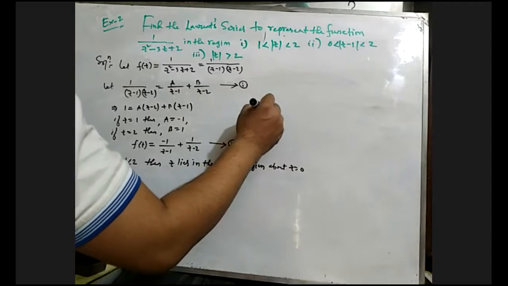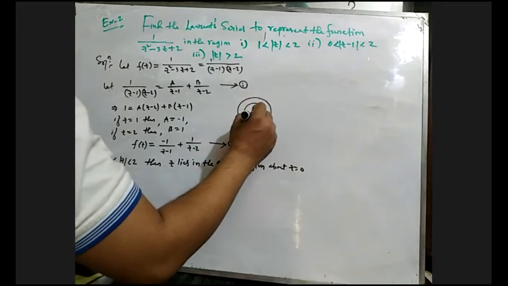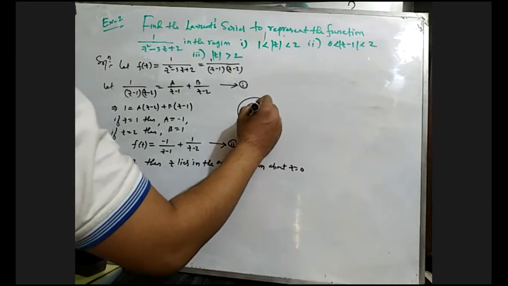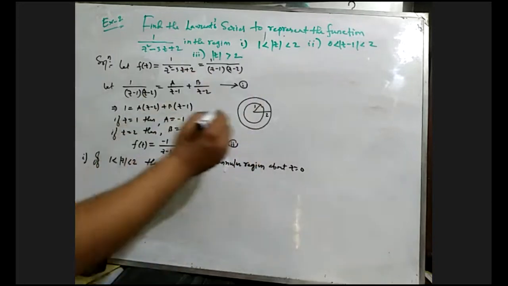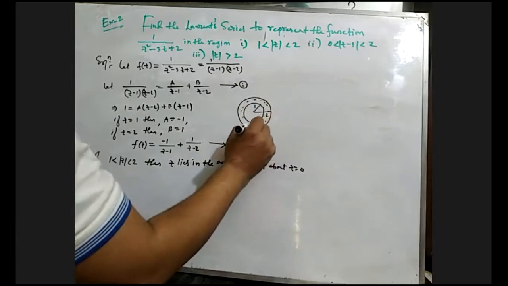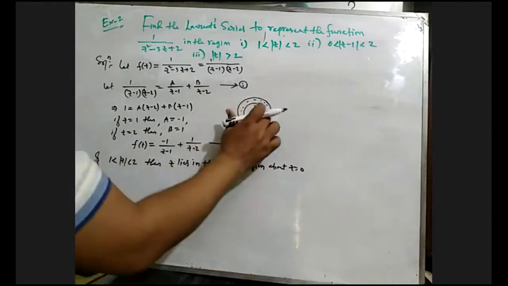Suppose this is the center 0, and another circle has radius 2 and this one has radius 1. That means the annular region will be this one. Every value of z will lie between 1 and 2.